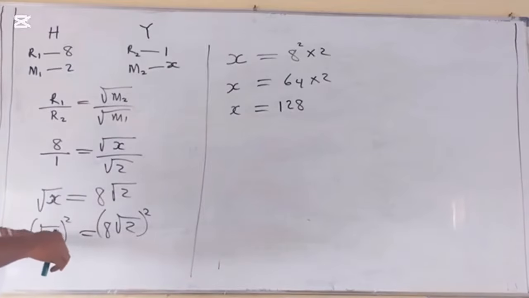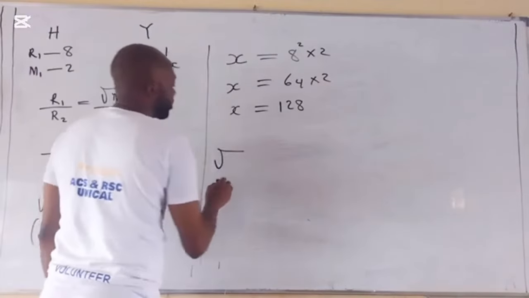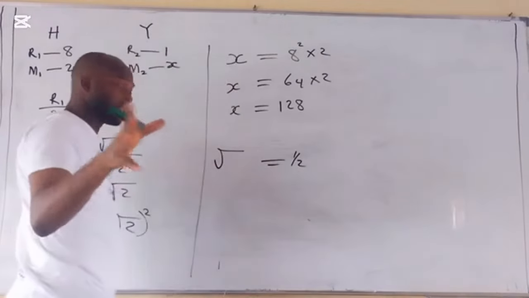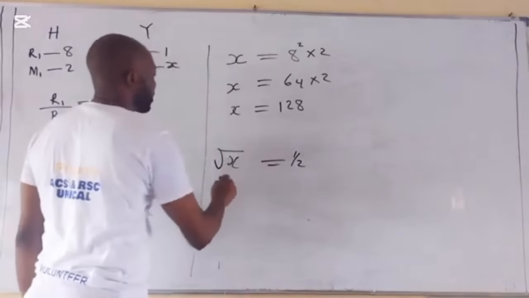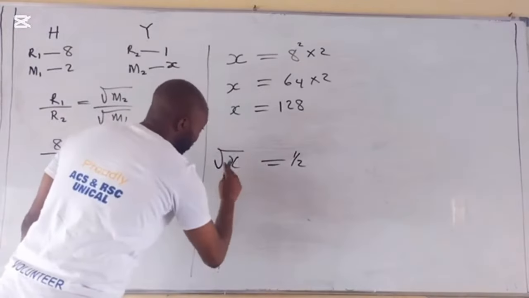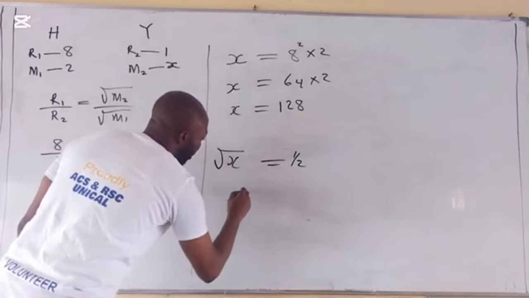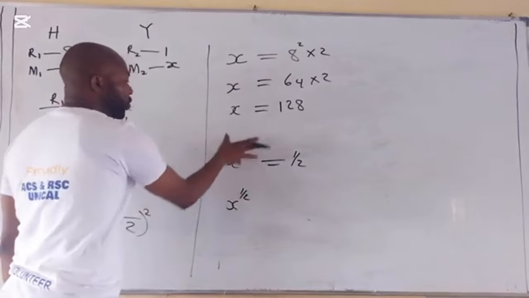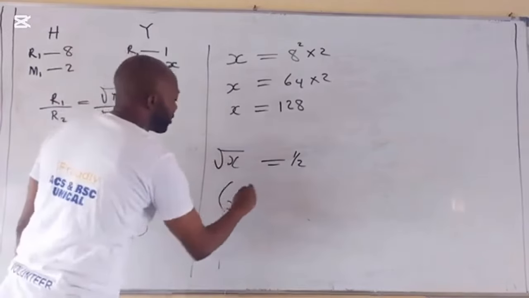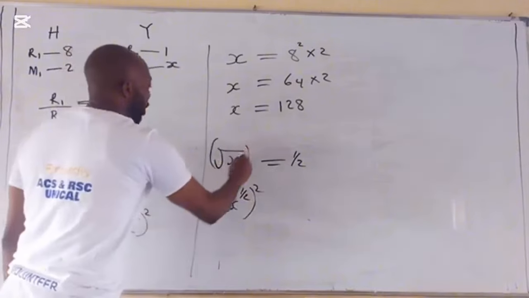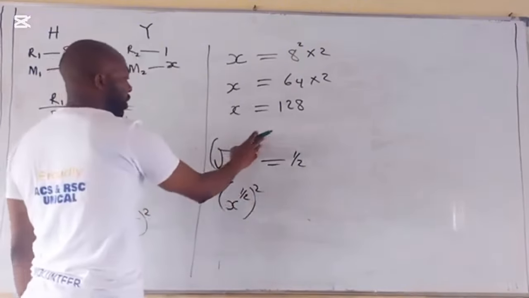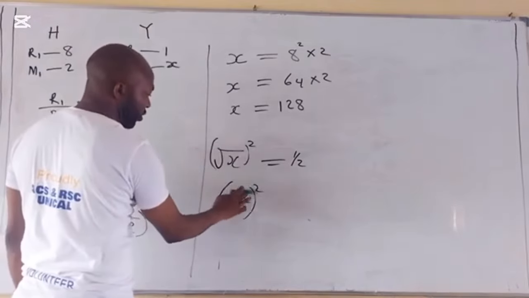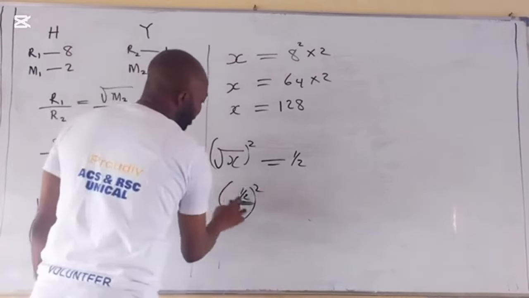Why do we square this? The square root is the same thing as 1 over 2 in indices. So if x is inside the root, it becomes x raised to the power 1 over 2. If we square both sides, how do we get rid of this?